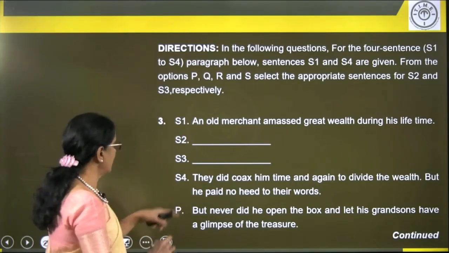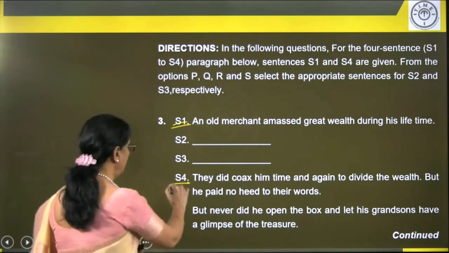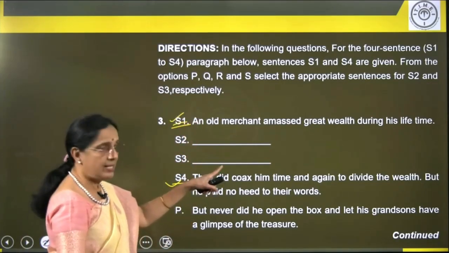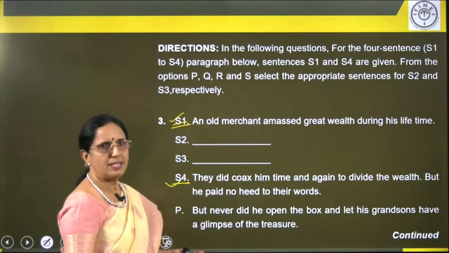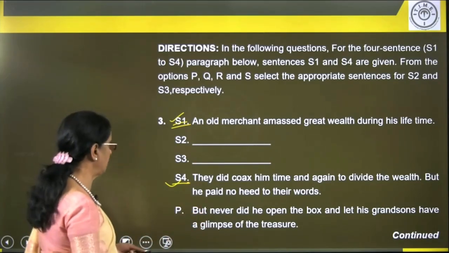So S1 and S4 are fixed, we don't change them, and you have to choose these two. The logic and technique are the same, only the model is different. Apply the same strategy, look for the clues.